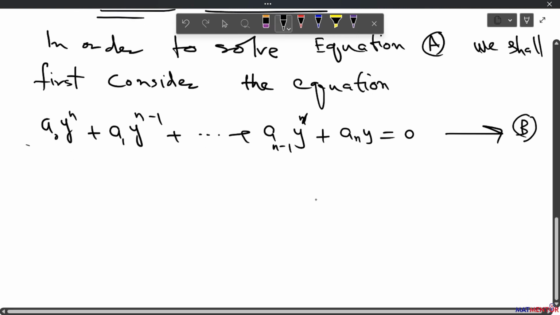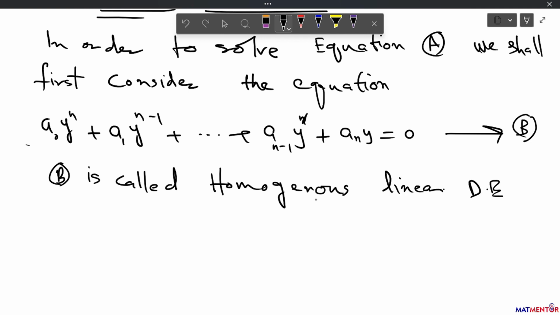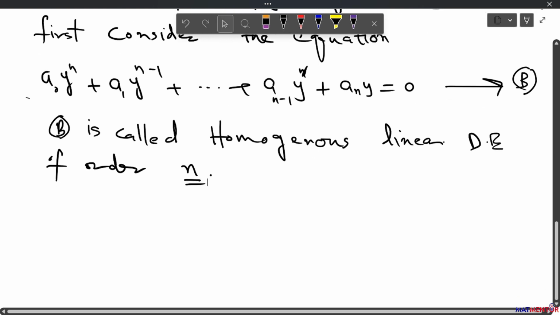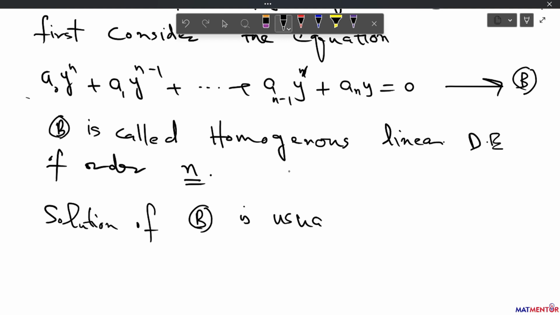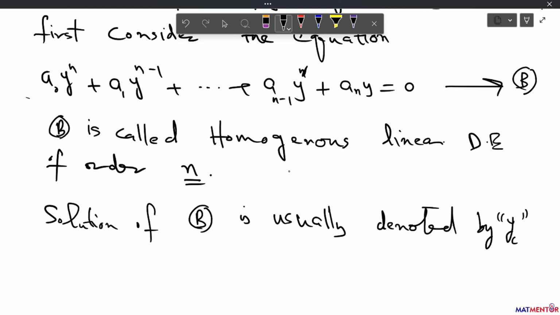The solution of B is usually denoted by yc, complementary solution, or you can say the general solution of equation B.